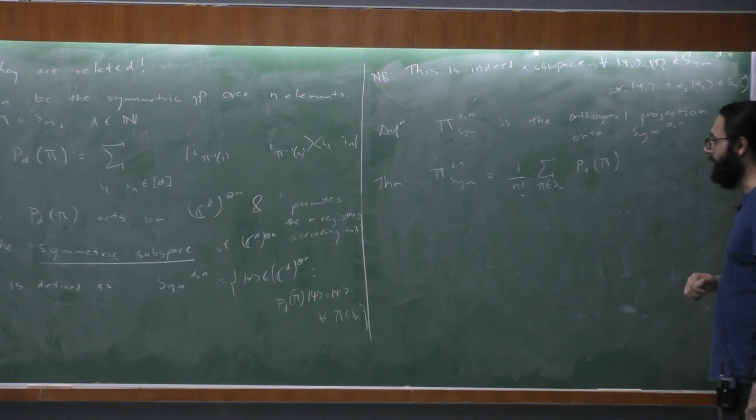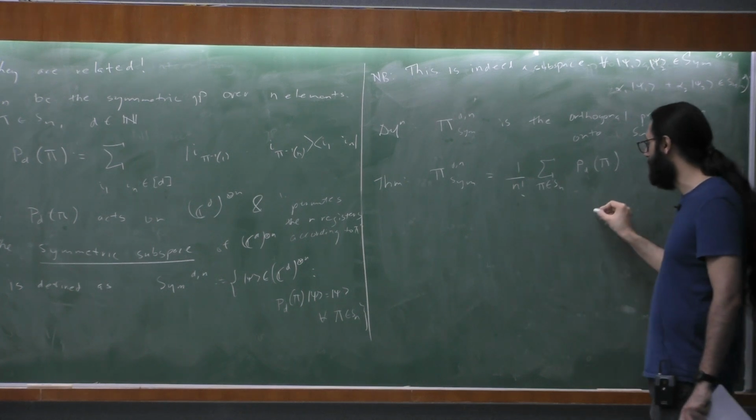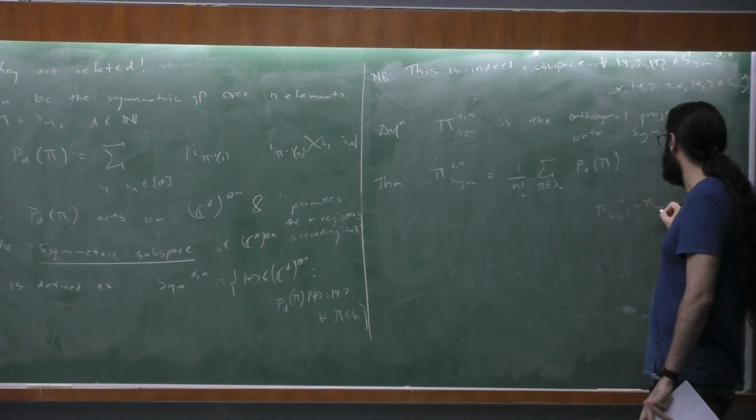Okay. We'll do the proof a little bit later, but you can also kind of check. To show that it's a projection, you have to show that Pi_sym squared is Pi_sym. That's just a little bit of math.